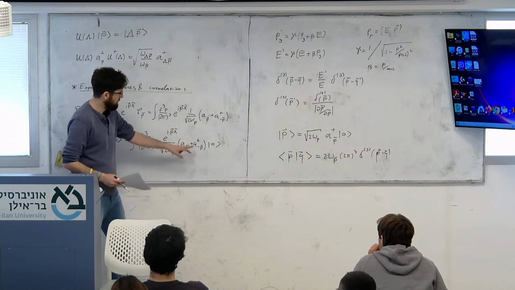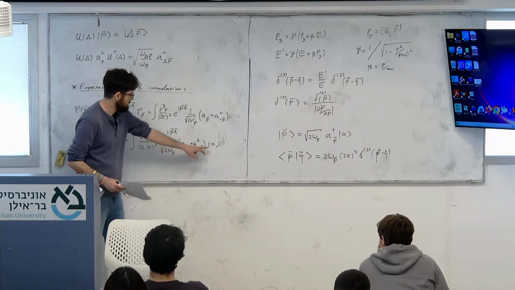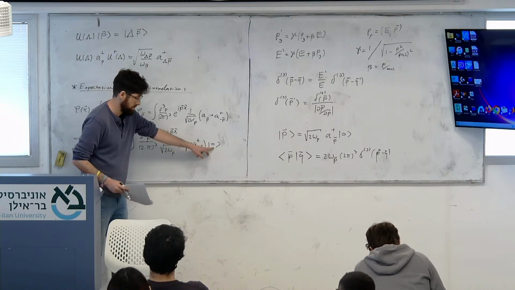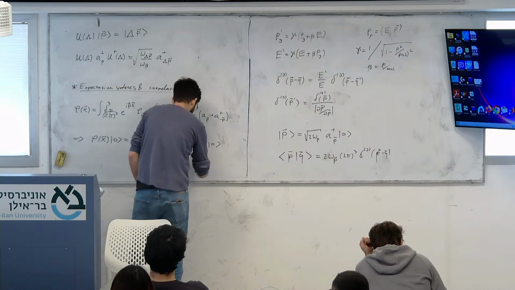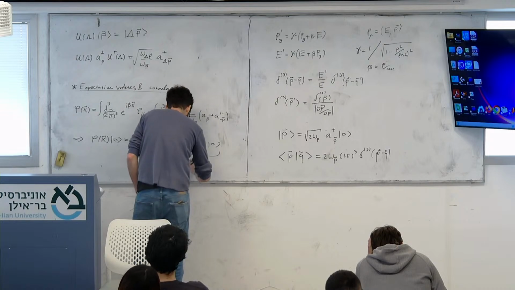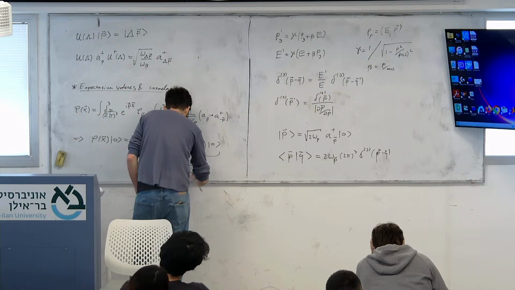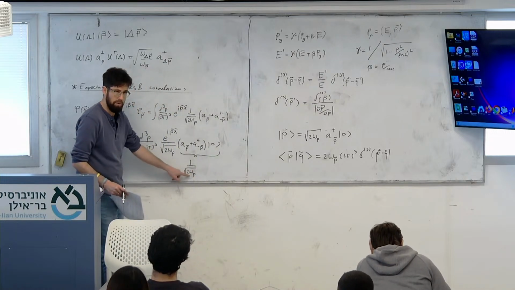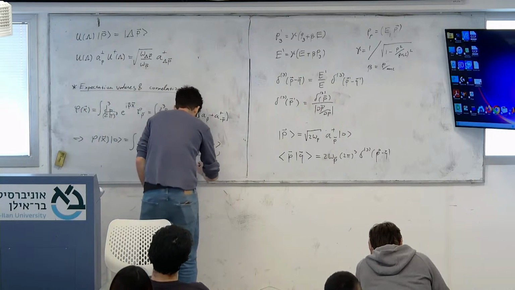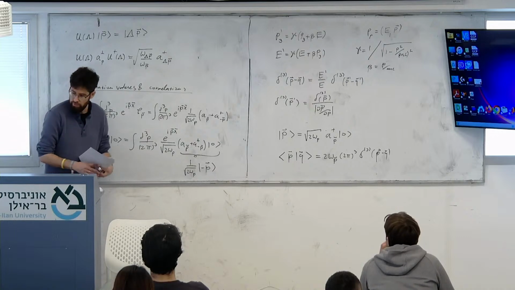Now this guy destroys the vacuum, so we have a state here with minus p. So we can associate this whole thing as 1 over square root of 2 omega p. Because omega is even under p going to minus p, then this thing is just that. Okay?